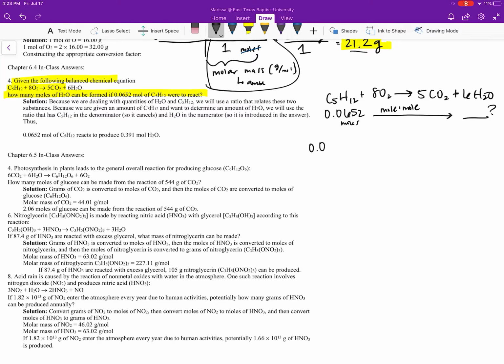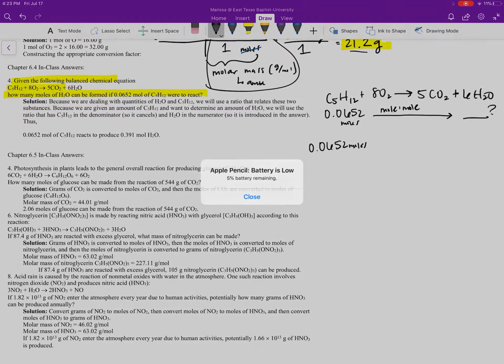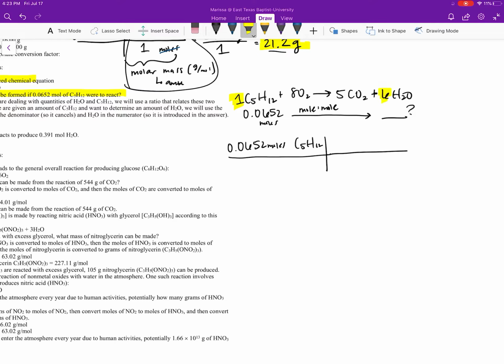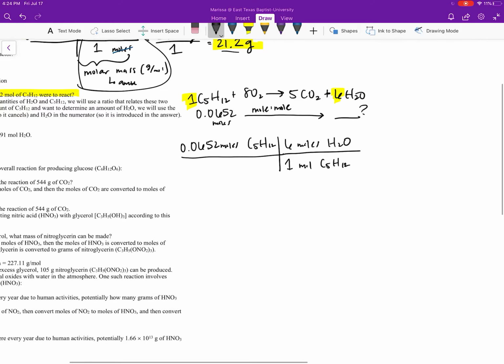So if I'm going to start off with this many moles of C5H12 per the problem, but my balanced chemical equation tells me for every 1 mole I can make 6 moles of water. What this means is if I start with this many moles, I can make 6 times the amount of water than what I started with.